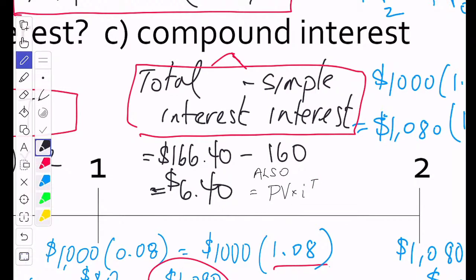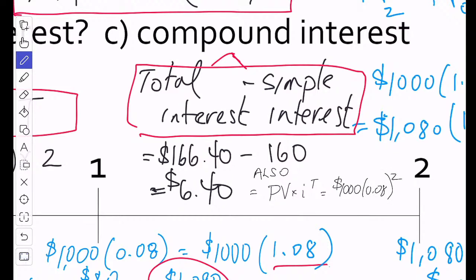In this case, it's going to be, actually, you know what? I'll put it here. So I will put a square box around that. You guys should know that. Okay, so it's the interest on the interest.